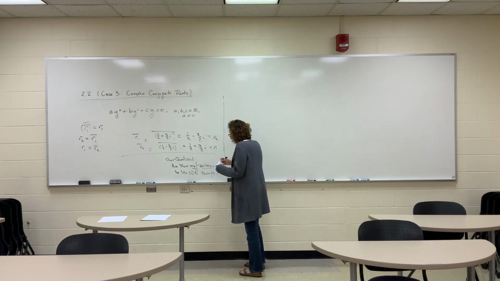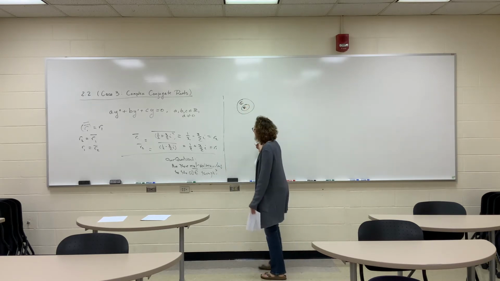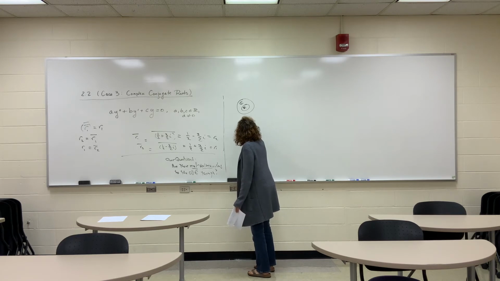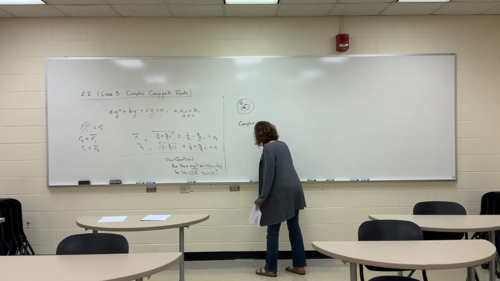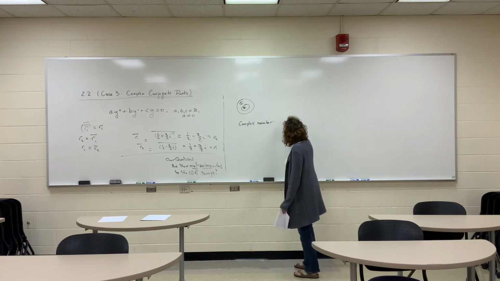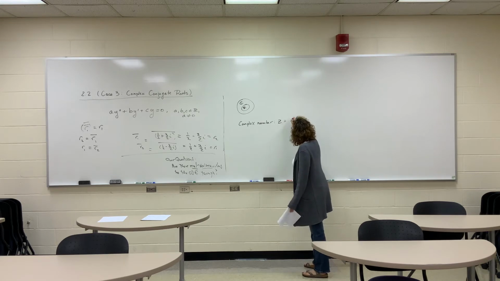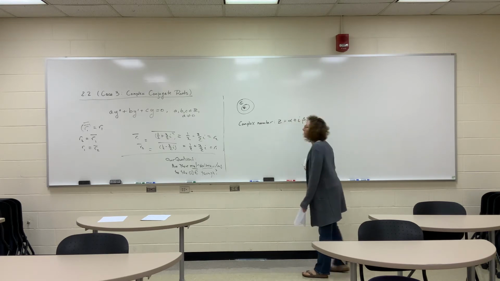There's lots of ways to define what the complex numbers are, but just think of them like this. Here's the complex numbers, and the real numbers live inside, right? So if I'm a complex number, a lot of times we'll use the letter z to represent a complex number, okay? z is often some alpha plus i beta.